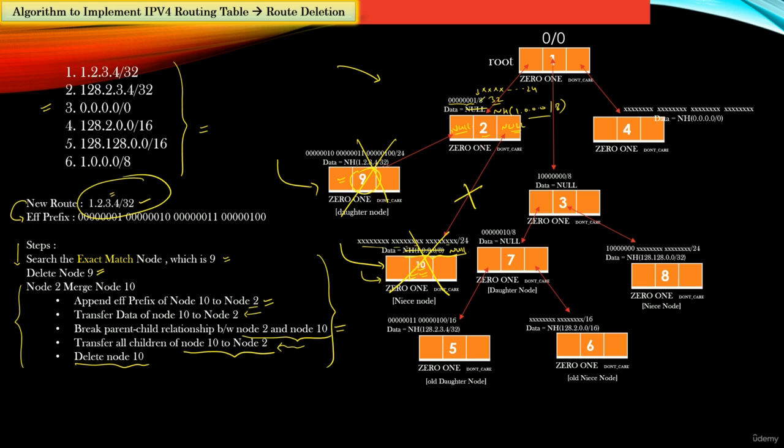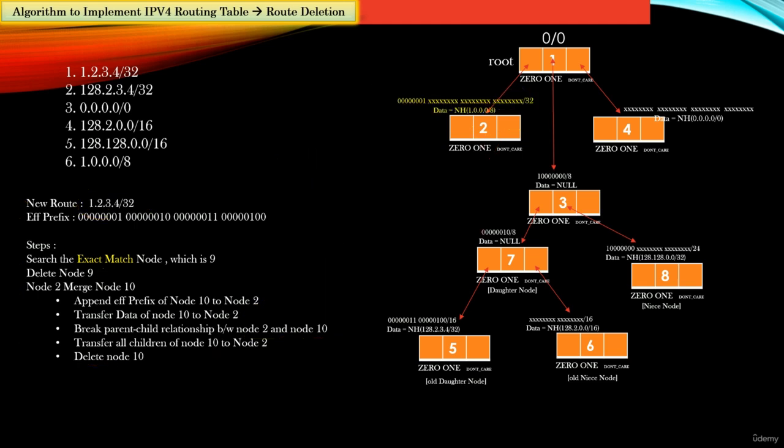So the final M-trie data structure looks something like this. You can see that the effective prefix of node 2 has now grown from just prefix length 8 to full prefix length 32, because this portion of the effective prefix is coming from node number 10, which has been merged into node 2.